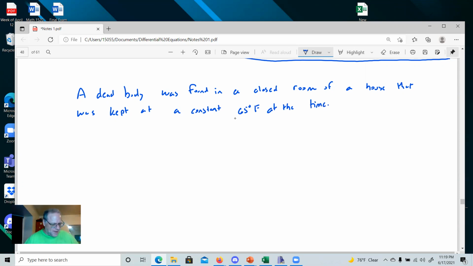At the time of discovery, the temperature was 80 degrees Fahrenheit. One hour later, the temperature was 75 degrees Fahrenheit.